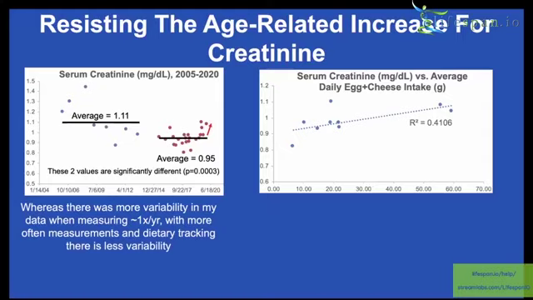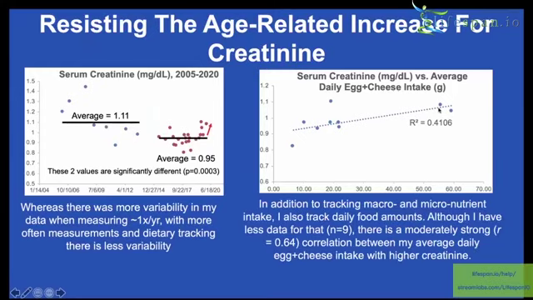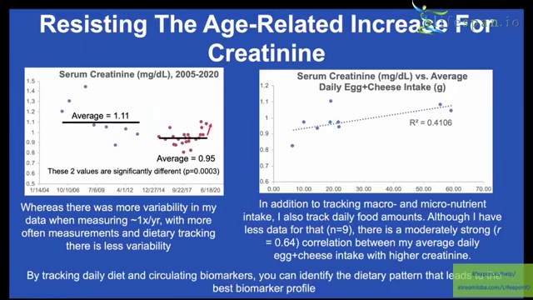And actually there was a time when I increased it to see how it would affect my biomarkers. What we see is as my intake of eggs and cheese increased, my creatinine levels went up, which is going in the wrong direction. With that in mind, I've cut back on my egg and cheese intake, and that actually resulted in bringing my creatinine levels back down.